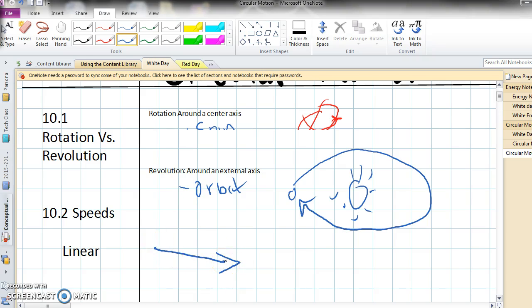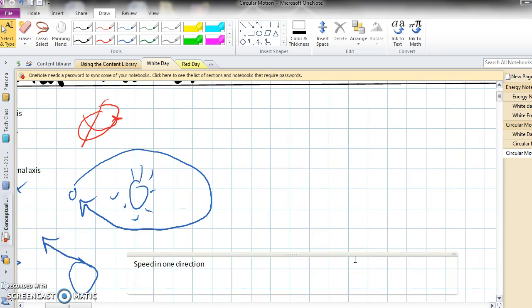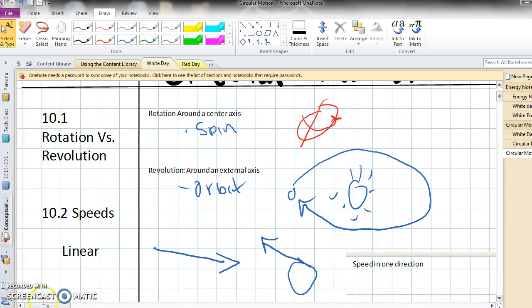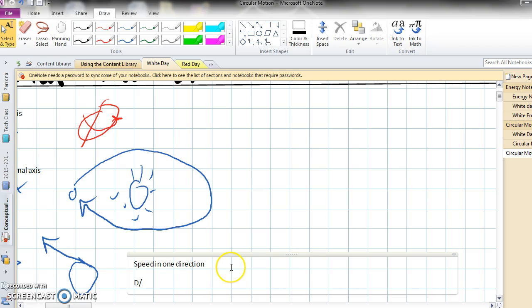On a circle, this is that foxtail explanation: if you're spinning something around and around, eventually if you let go, it's going to go off in one single direction. Linear speed is speed in one direction. This is distance over time, your standard distance over time equation.